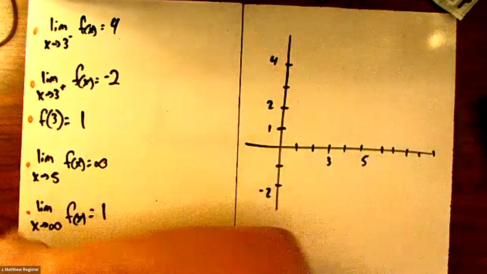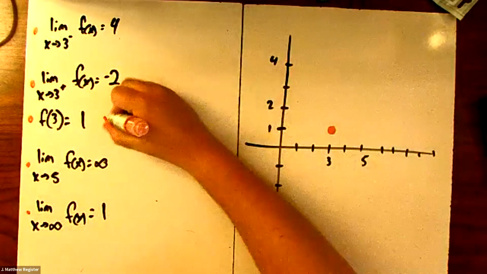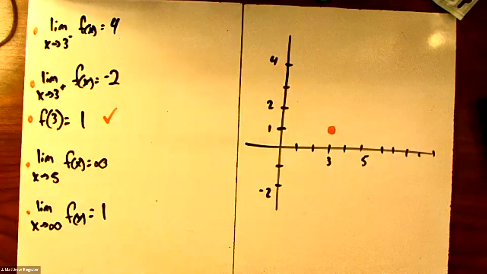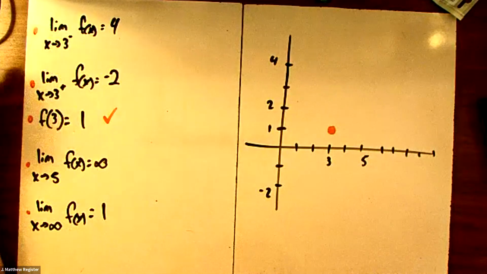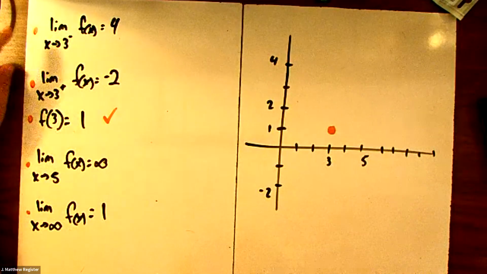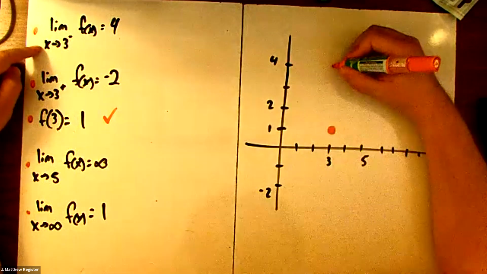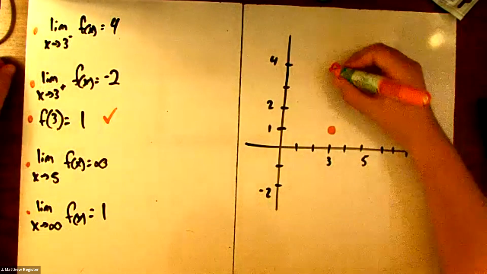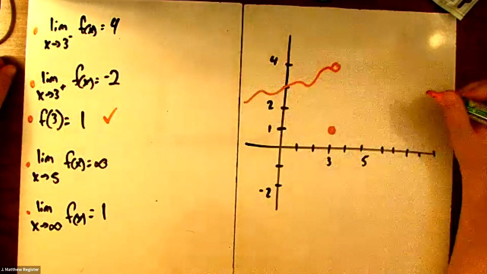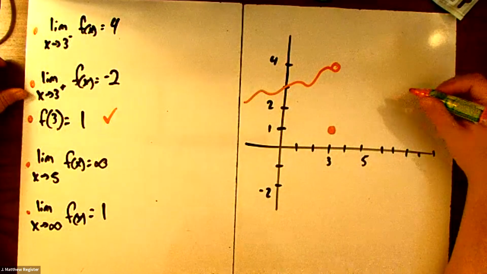So first things first, f of 3 is equal to 1. We can check that one off. Looking at these first two, they both are dealing with what happens as you approach 3. So as you approach 3 from the left side, we get something approaching 4. And we don't really care what it looks like, so squiggle, squiggle, squiggle. On the right side, it's going to be -2.